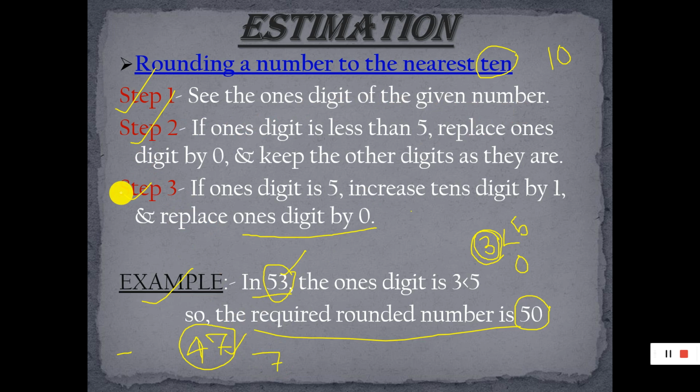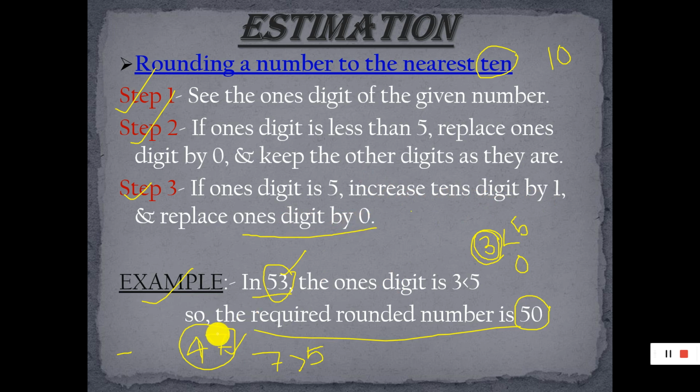Now we go to the third step. If the ones digit is 5 or more, increase the tens digit. You can see 7 is greater than 5. So what can you do? Increase the tens digit by 1 and replace the ones digit by 0.